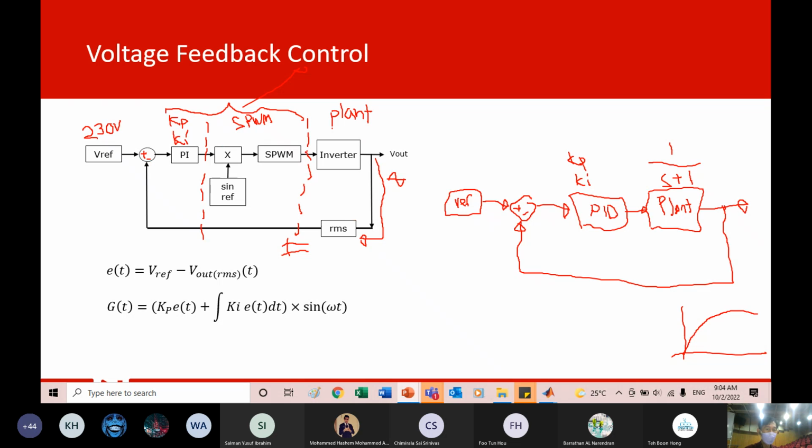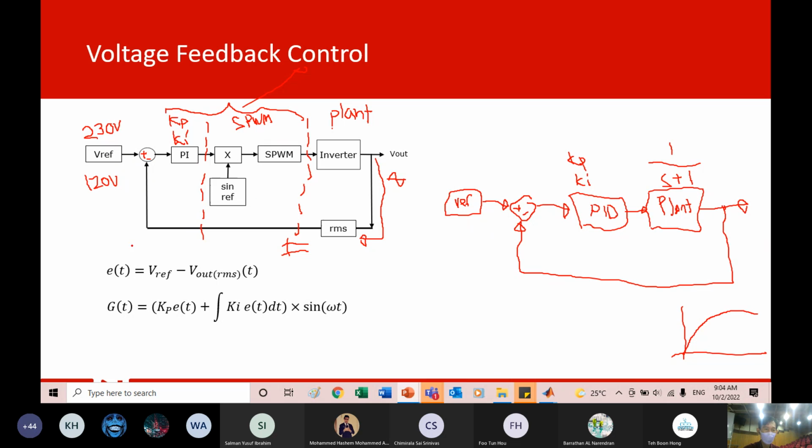Then it repeats itself until it achieves the desired voltage. So with that, you can set your inverter. If you are in Malaysia, you set the Vref to 230. If you're in the US, you set it to 120 volt. All right, so this helps the inverter to control the voltage output.